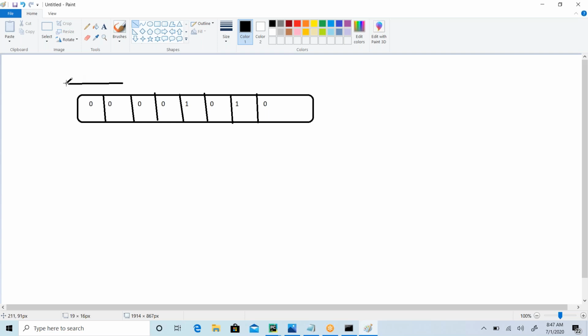So when it is moving towards its left, this bit will be moved here, this bit also will be moved here. This is swapping. This bit comes here and this bit comes here. It's just a swapping of bits.